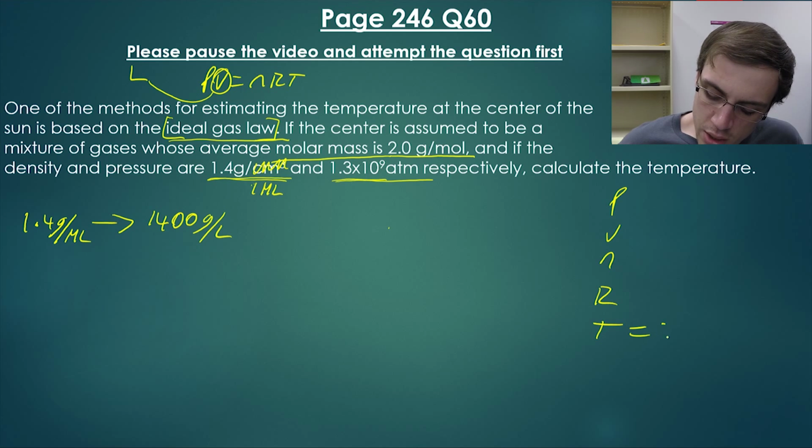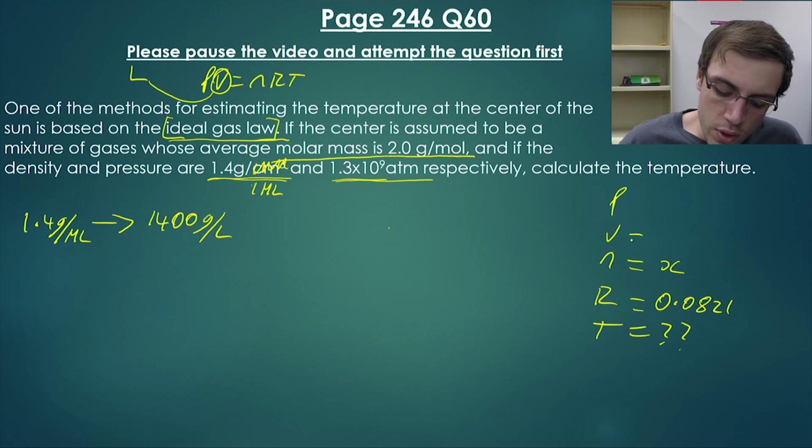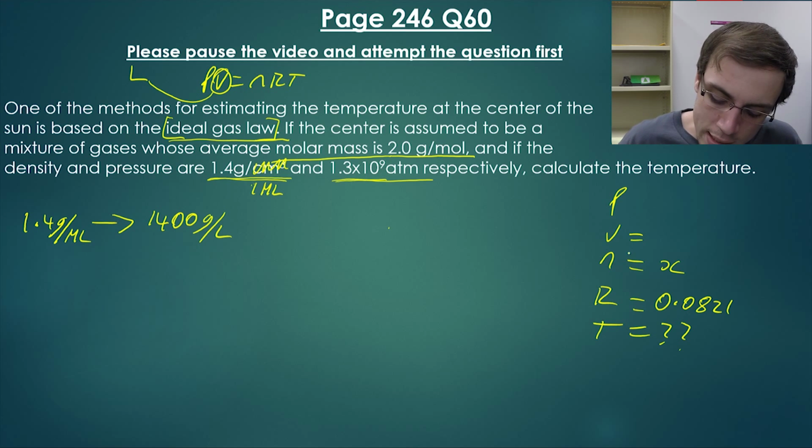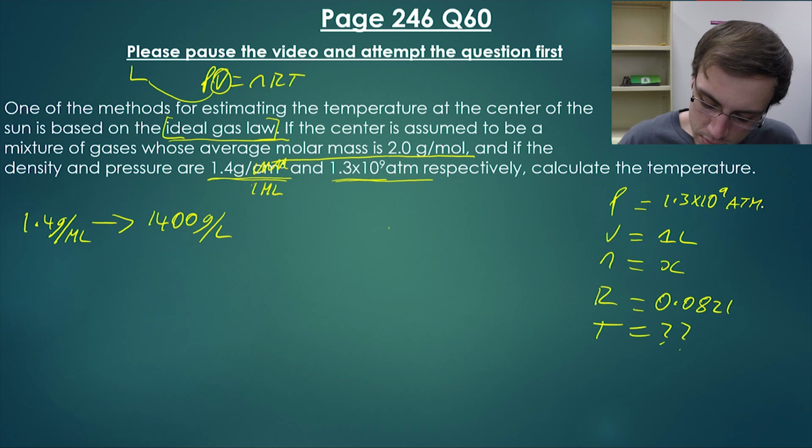Temperature, we don't know. That's what we want. R is our constant. Moles, we don't know. Volume, we do know because we've just converted it so that it's 1 liter. And our pressure, we have as 1.3 times 10 to the 9 atmospheres.